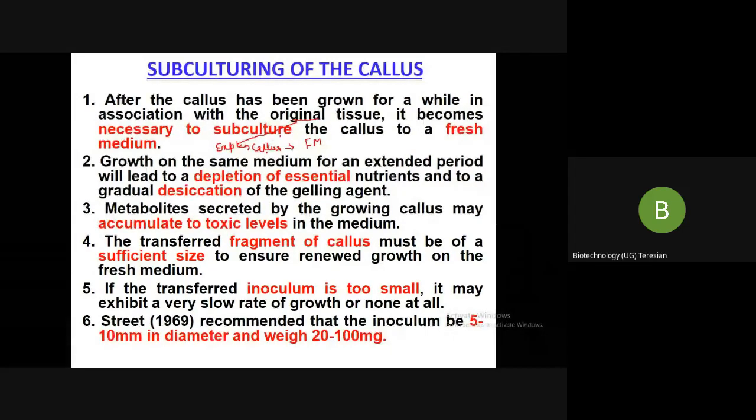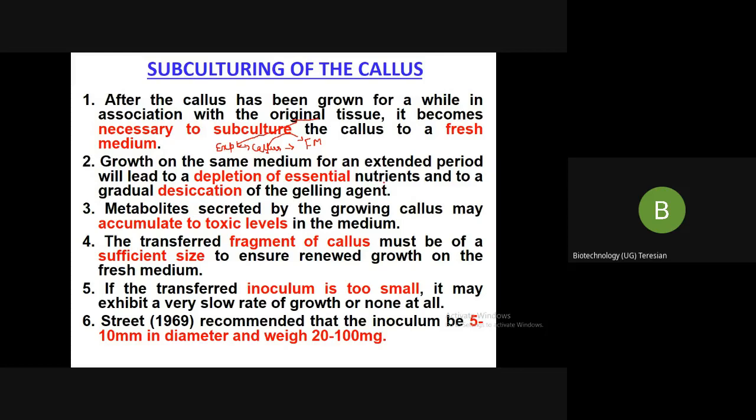This fresh media will have all constituents the same as the previous media, only that it is freshly prepared. Why are we doing this? Let us see. When you're growing your callus in the same media, that is your first media, there is a depletion of the essential nutrients.